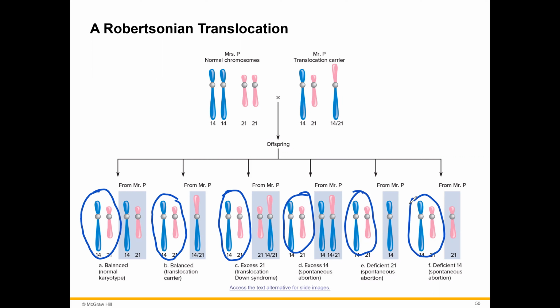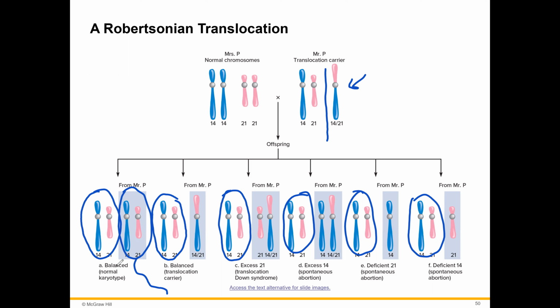But when dad starts making sperm, how does it split? It can split in a different pattern. So dad might split over here, so these two chromosomes go to a sperm. So here's that sperm, and that's a normal sperm.